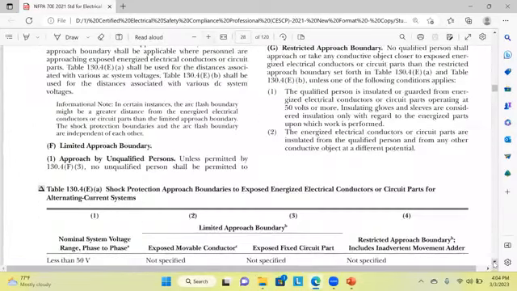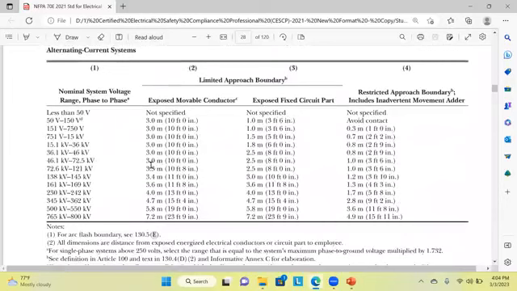So for example, if any crane is being operated at an overhead line where the voltage level is 275 kV. Here it says 242 kV, and the next one is 345. So 275 is going to lie somewhere here.